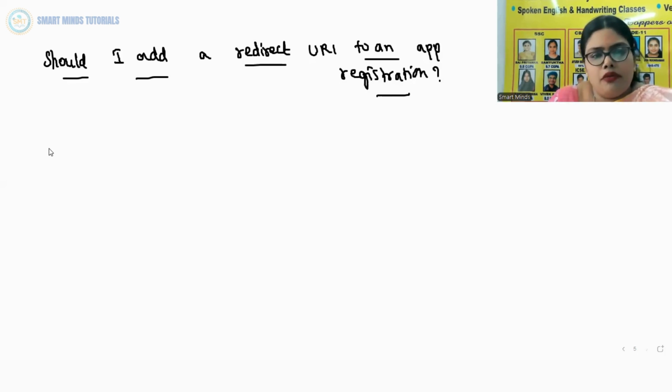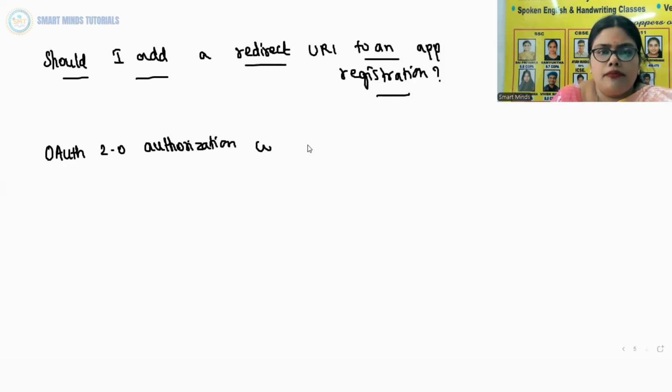Let me give you those protocols. OAuth 2.0 authorization code flow. Next, OAuth 2.0 client credentials flow.